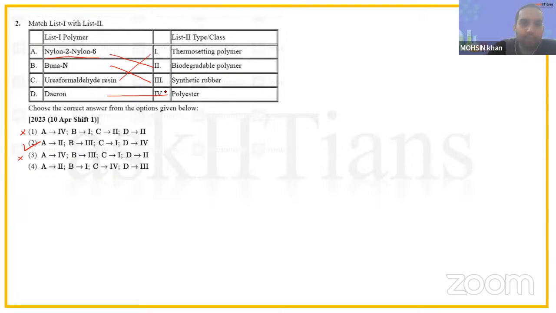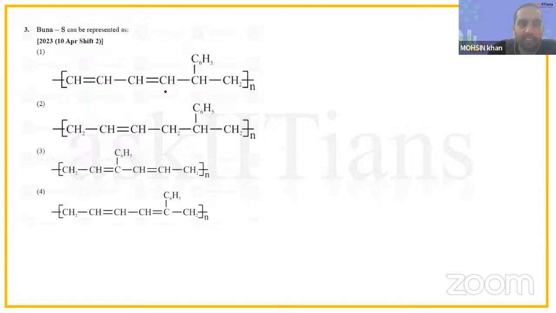Okay, moving on to the next. We have: Buna S can be represented as. So we have to represent Buna S. In Buna S, we should know the monomers.